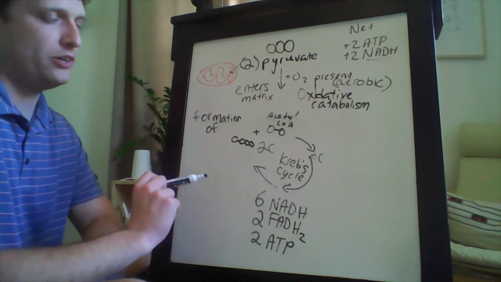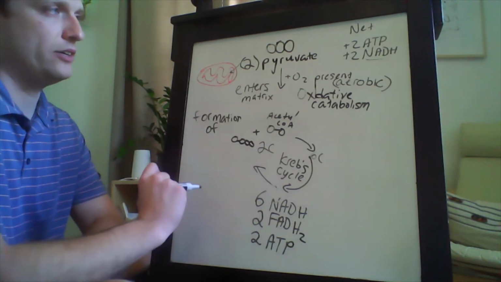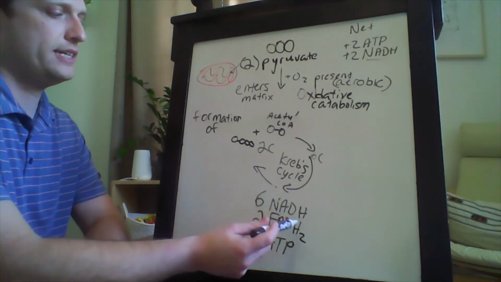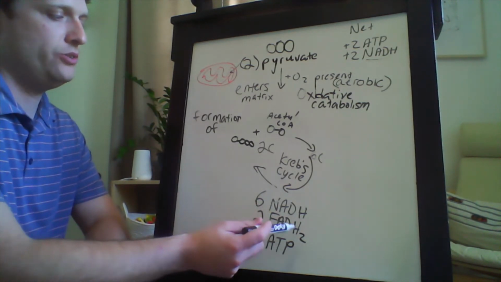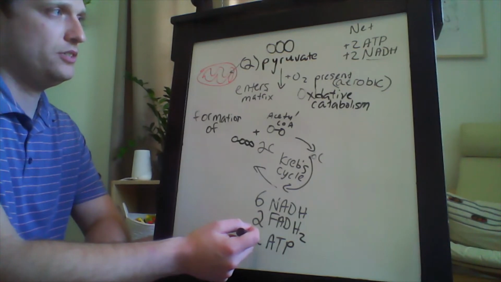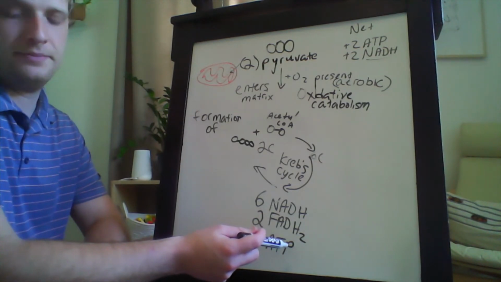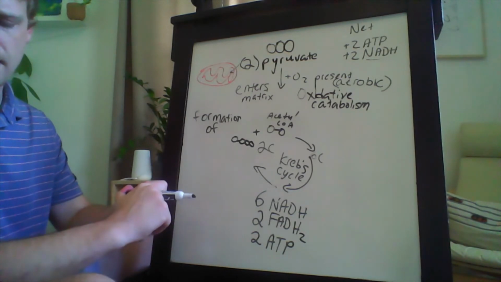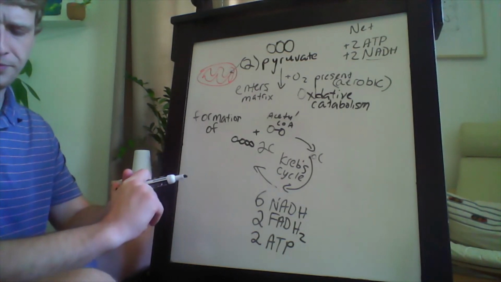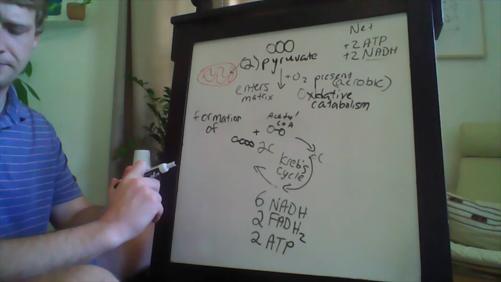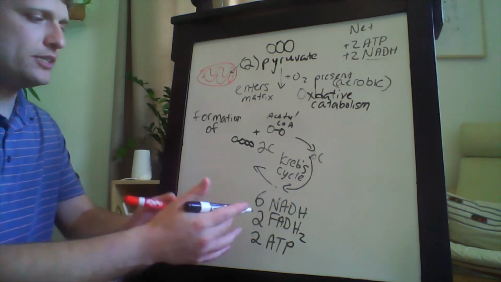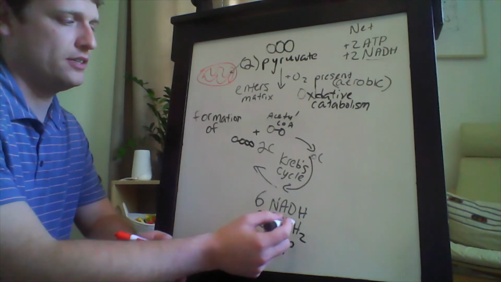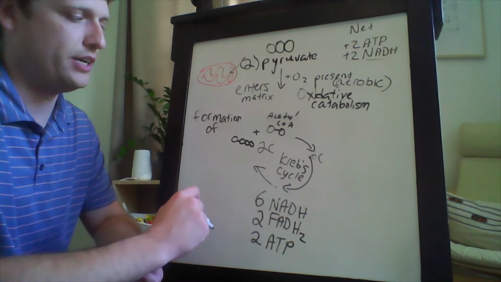So every molecule of glucose in the Krebs cycle generates 6 NADH, 2 FADH2, 2 ATPs. And where do these end up? They're going to be taking their electrons to the electron transport chain.